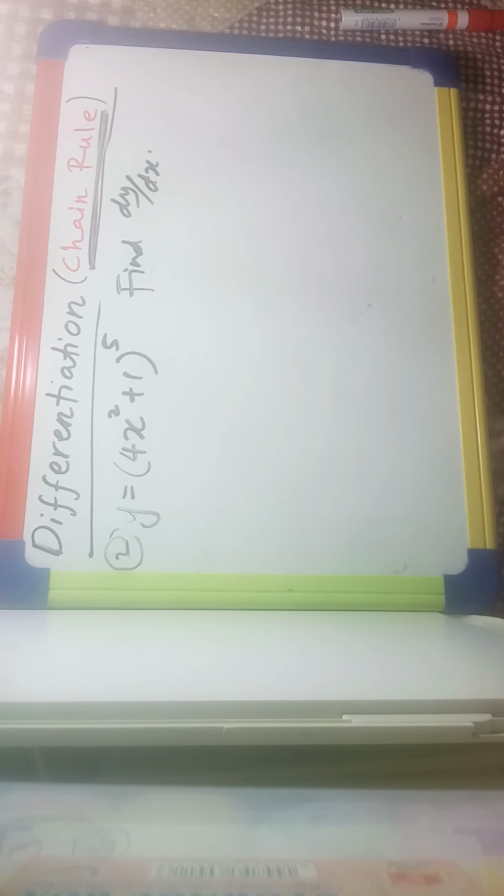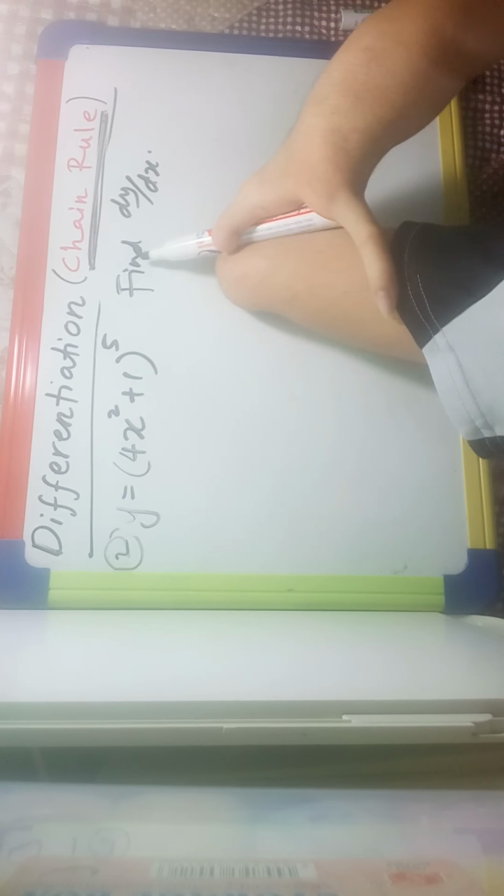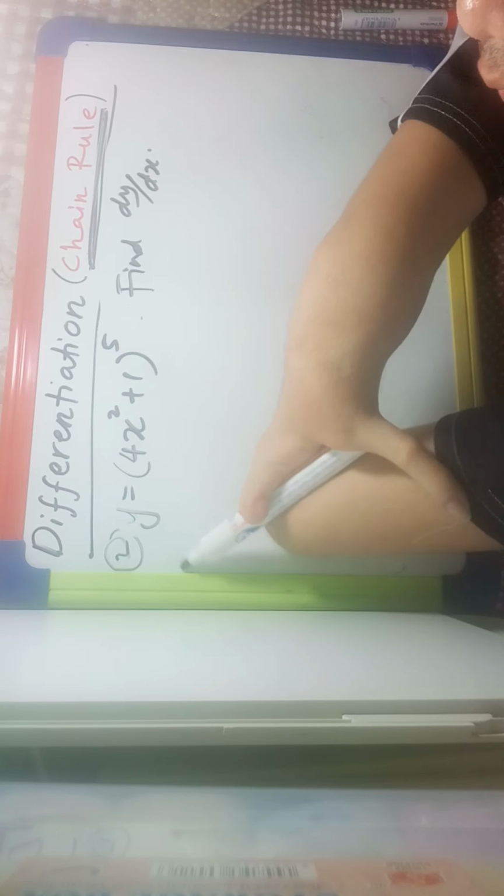Okay, 4x square plus 1 to the power of 5. Find dy over dx. Okay, solution.